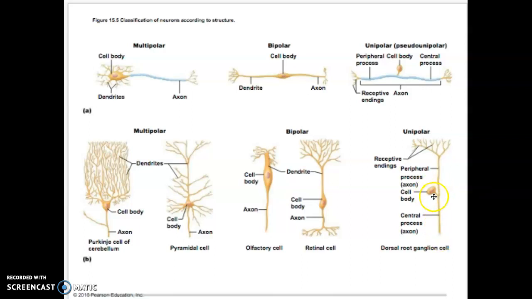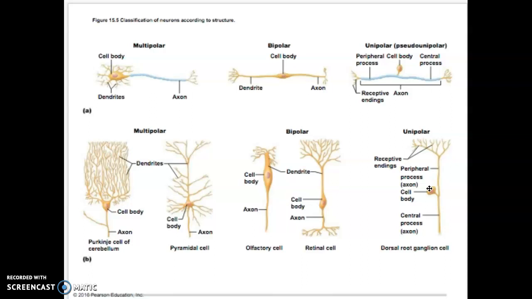So this cell right here is a cell body that's found in an area called the dorsal root ganglion. Neurons are such interesting cells, right? They're so different than any of the other cells that we've been looking at. Their cell bodies are really kind of separated from the axons.